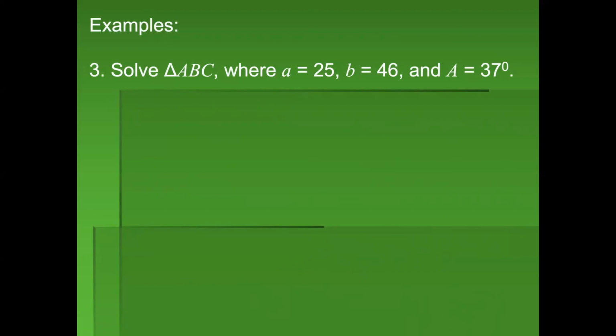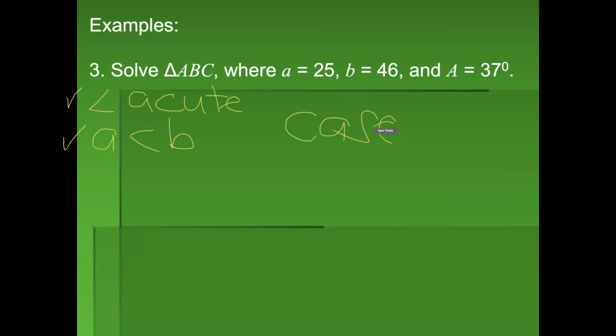So the given angle is acute, and opposite the given angle is side A, which is less than the other side, which is B. So from these considerations, we can say that the given belongs to case 1.